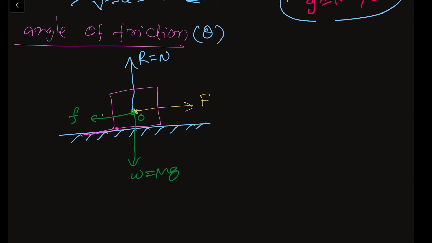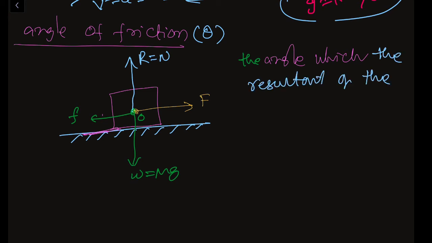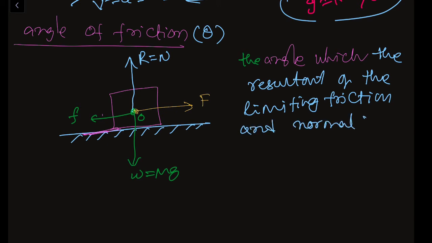That point is O. Here the angle of friction may be defined as the angle which the resultant of the limiting friction and normal reaction makes with the normal.